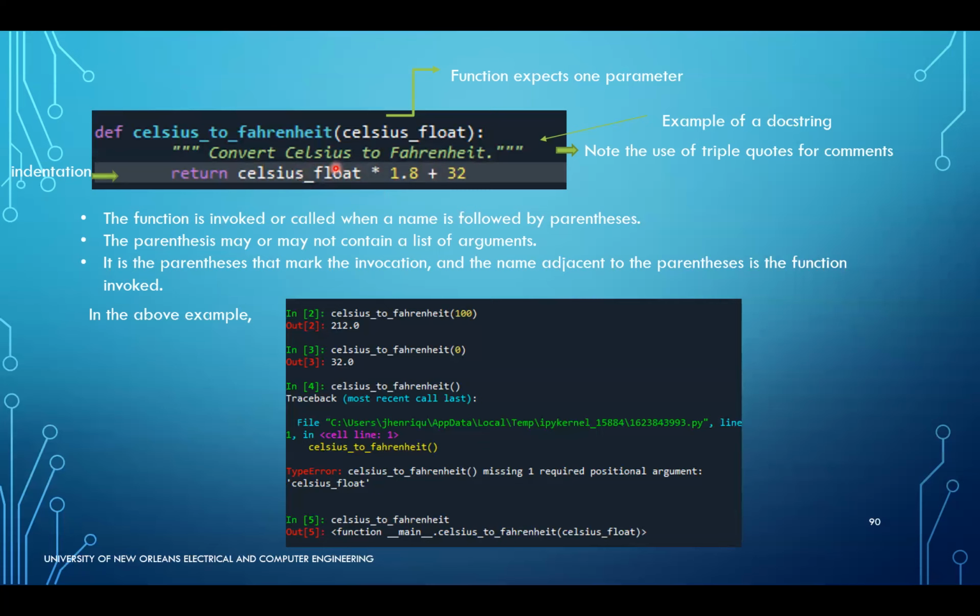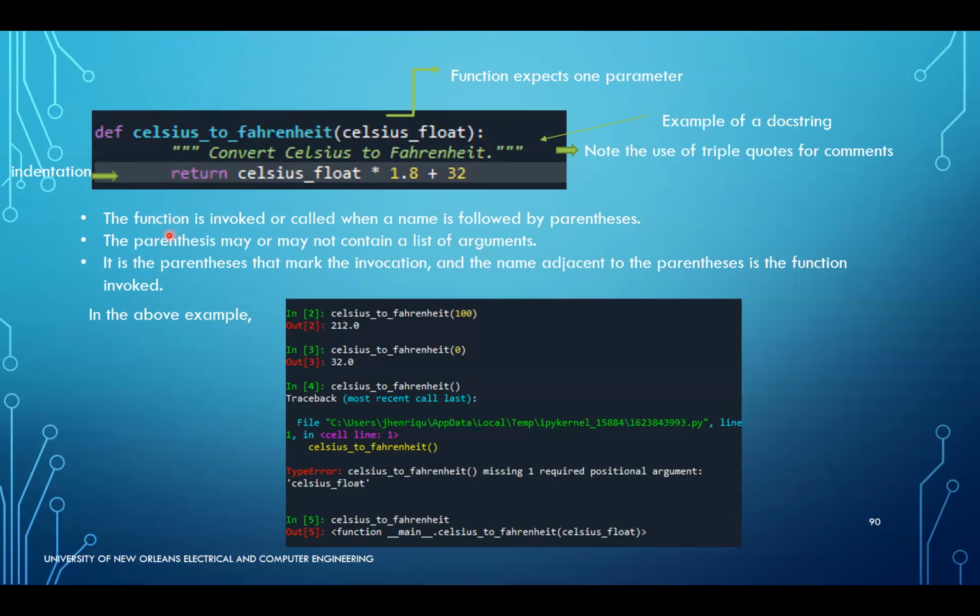Now we could have saved this result in a variable and actually returned the variable, which is fine. But this is just a shortcut because this is a simple function. But notice the use of indentation here, right? Indentation, again, is part of the definition of the function. If we don't have the correct indentation, you're either going to get an error or it's not going to run correctly.